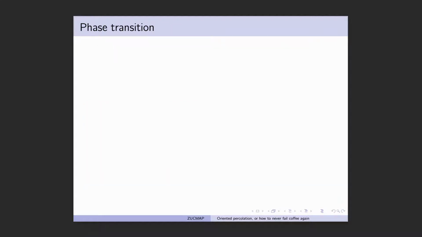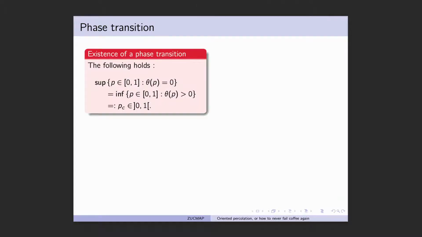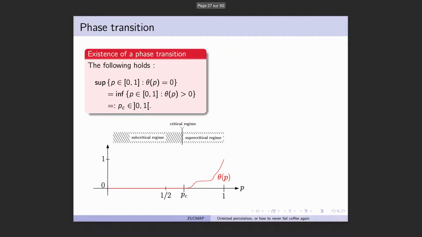And now we come to this idea of phase transition. What's important is really that p_c is strictly between 0 and 1. These two equalities are by definition, right? But it means that if we plot theta of p on a graph, it would look something like that.